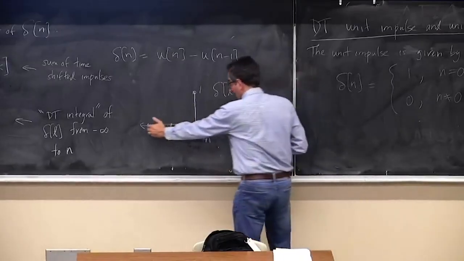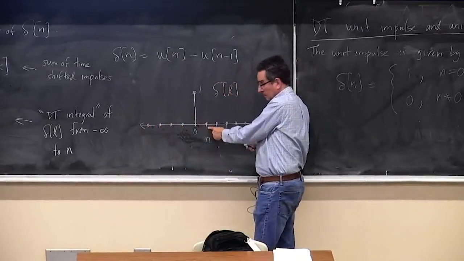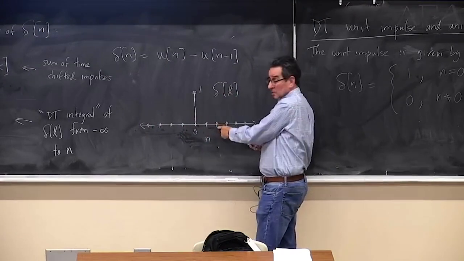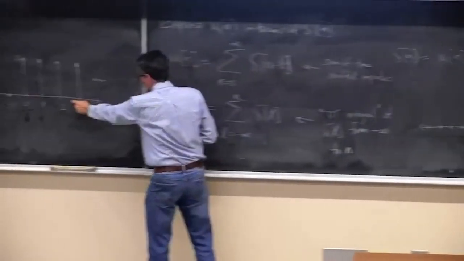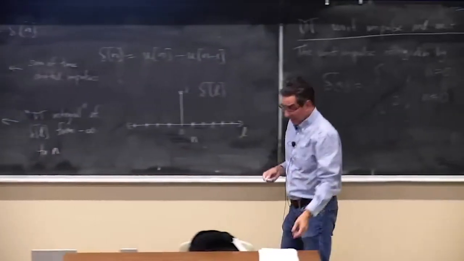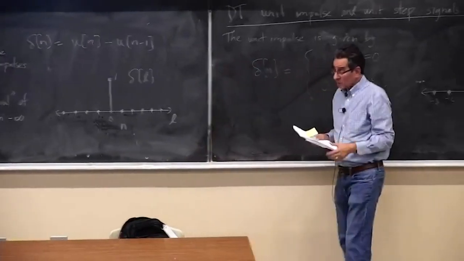Well, I add up all of these zeros and the 1, and then a few more zeros. So the sum of all those things is still going to be 1. So when n is positive, I'm going to get 1 also. Okay, so that's another way of thinking about how the unit impulse and the unit step are related.